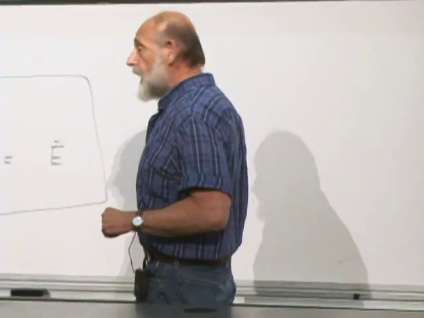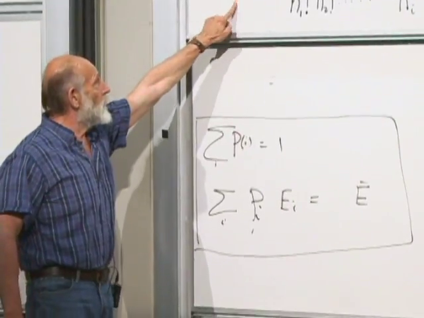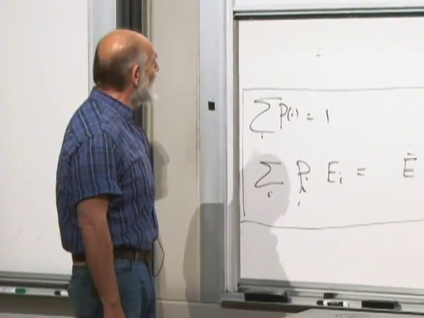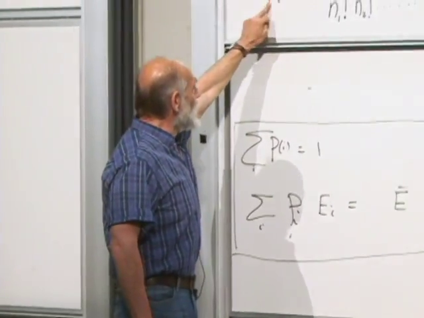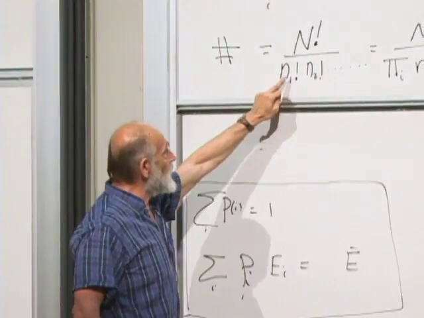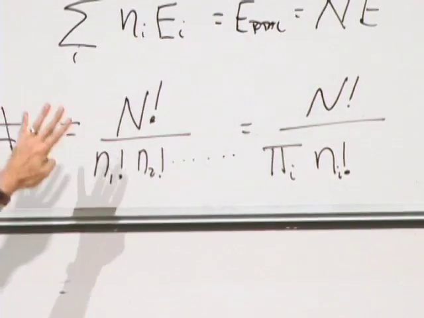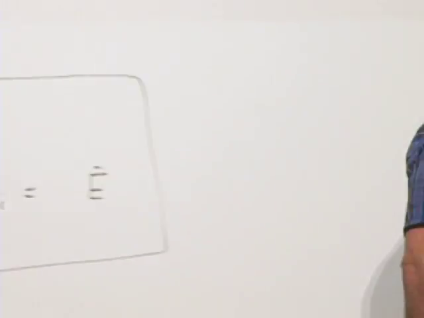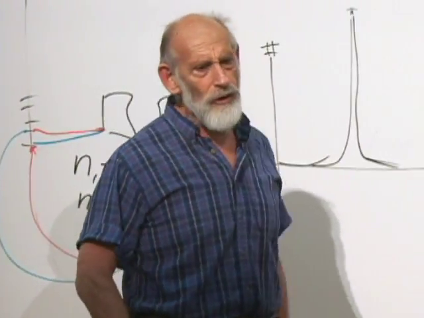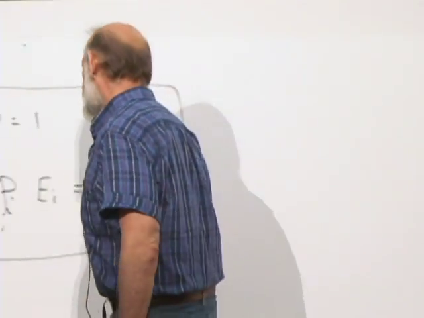So we then have to find the maximum of pound here. I don't know when I started calling it pound, but a long time ago. The maximum of this thing as a function of the n's subject to these constraints can either be written this way or the way on top. This is the mathematical problem. And it sounds like a terrible mathematical problem, but fortunately it's surprisingly easy. I'd say it's a couple of lines.